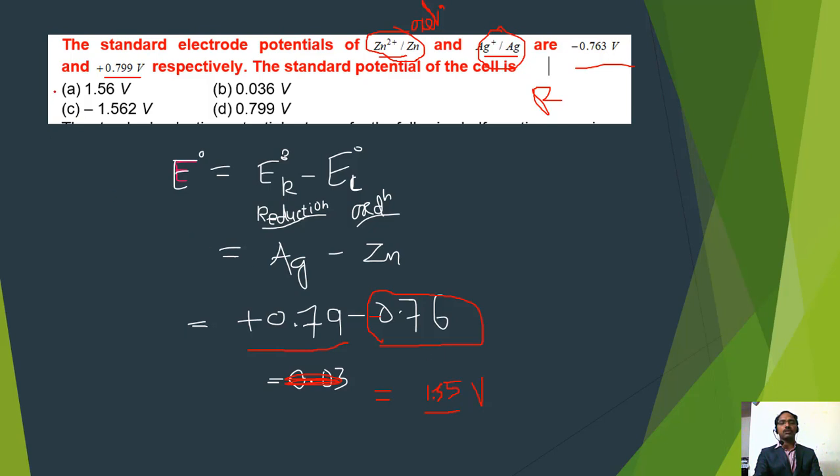So, the option is A, 1.56. It is not 0.03, it is 1.56. E reduction minus E oxidation. Once again, you can refer.